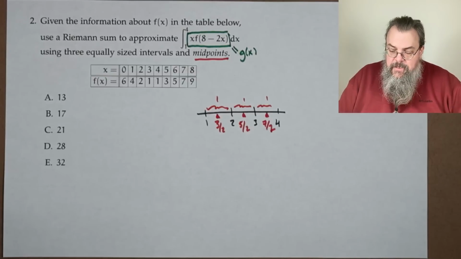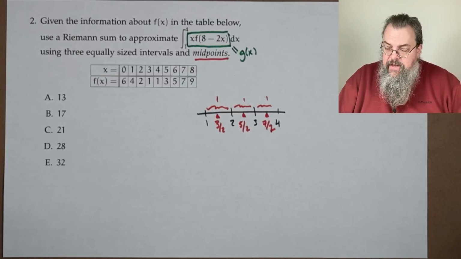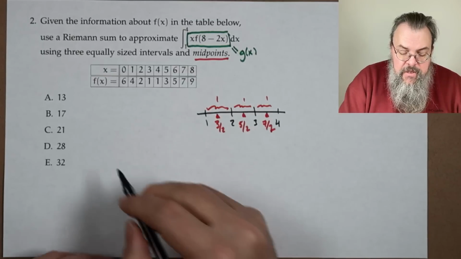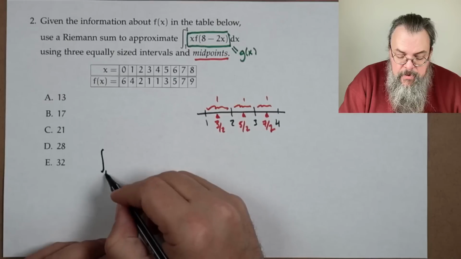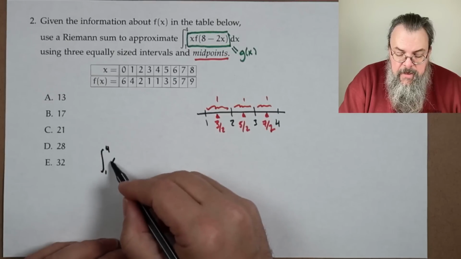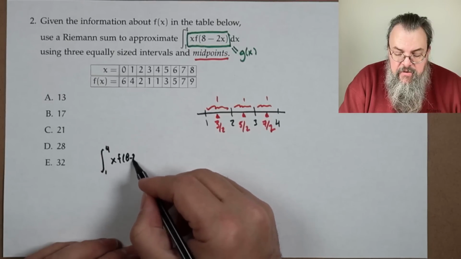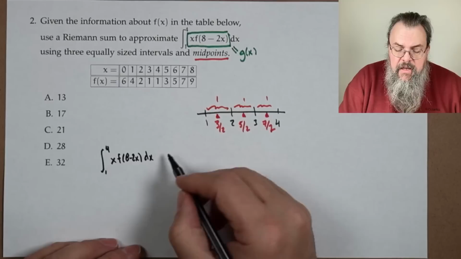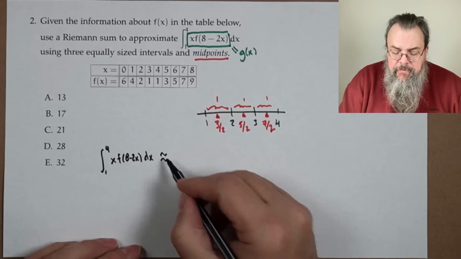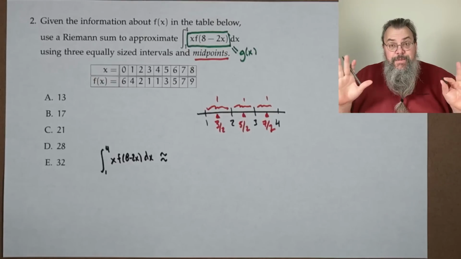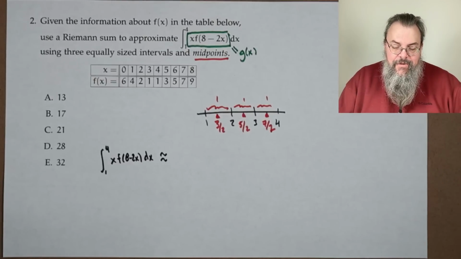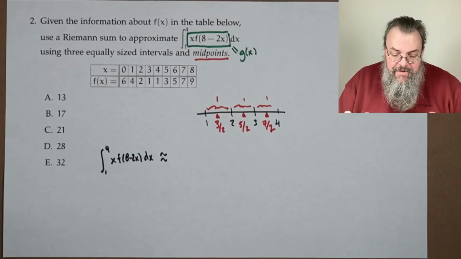So here we go. We have that our integral from 1 to 4 of x f of 8 minus 2x dx is approximately, and this is going to be a really big approximation because 3 intervals is not that many, but that's all right.